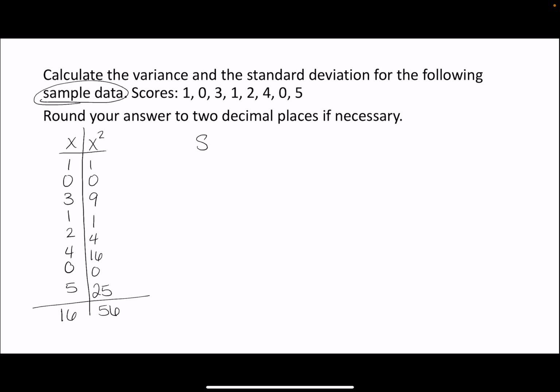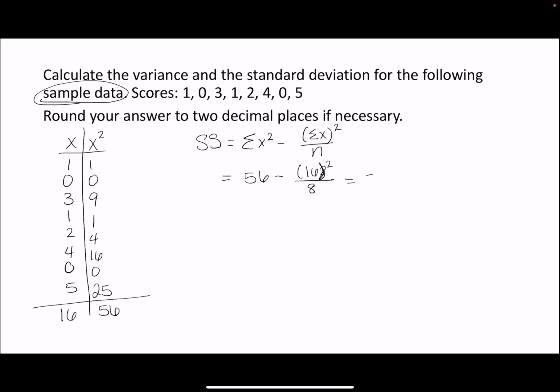So remember, our sum of squares formula is the sum of our x's squared minus the sum of our x's, squared, divided by n. So the sum of our x's squared is 56, minus 16 squared divided by the number of data points, which in this case is 8.